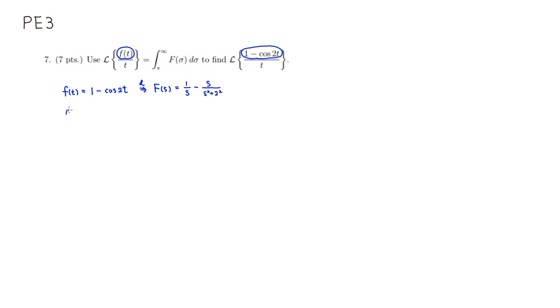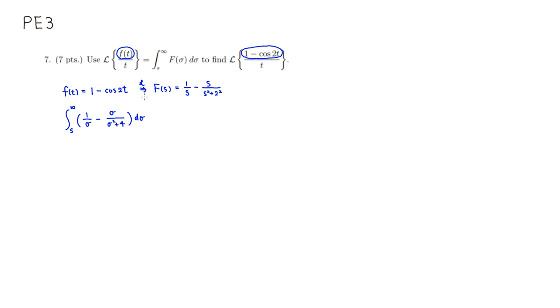We want the integral from s to infinity, and we have to write it in terms of sigma: 1 over sigma minus sigma over sigma squared plus 2 squared. I'll just write 4 here, with respect to sigma.